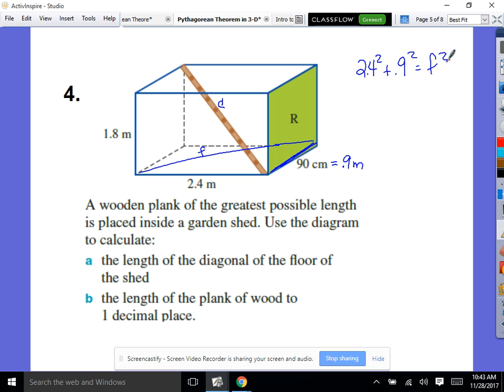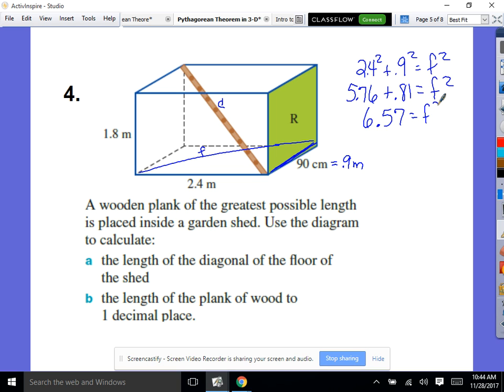2.4 squared is 5.76. 0.9 squared is 0.81. That gives us F squared. So we add these. 1 and 6 is 7. 8 and 7 is 15. Carry the 1.